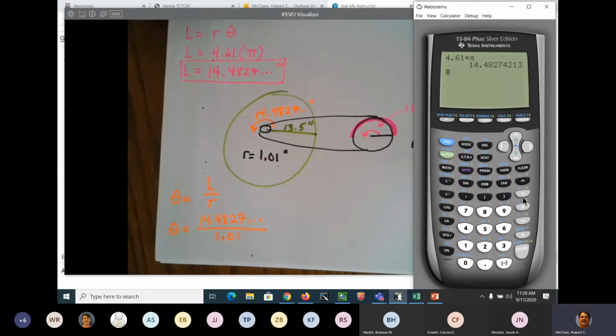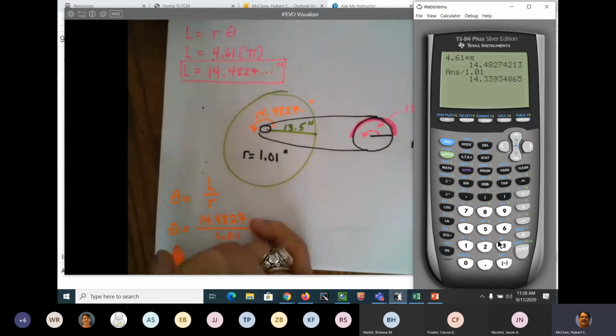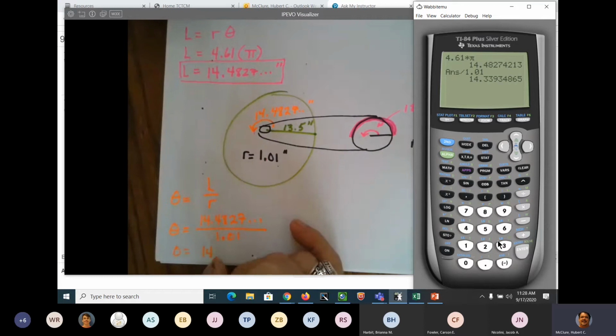Divided by 1.01. And that's going to give me 14.33. That would be in radians, correct? Theta is equal to 14.33 radians, which means it has pi in it.